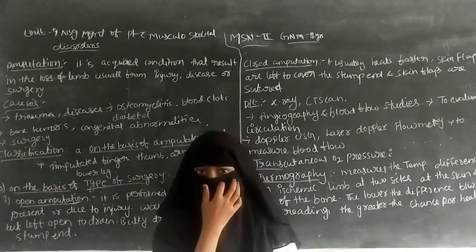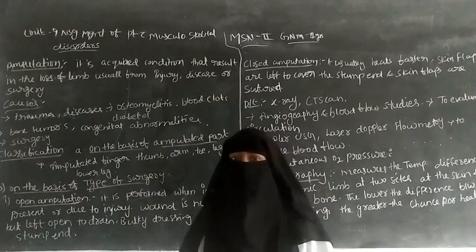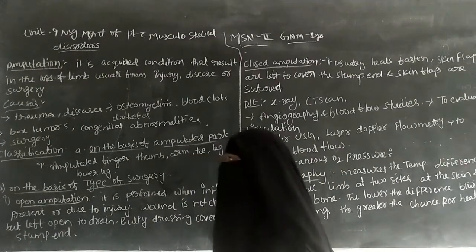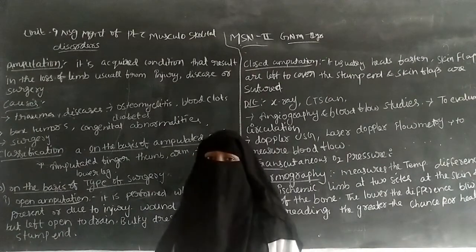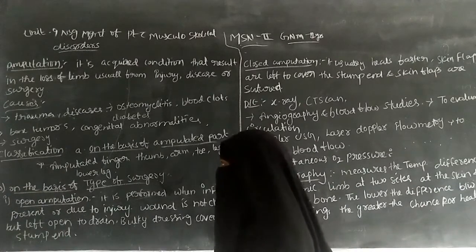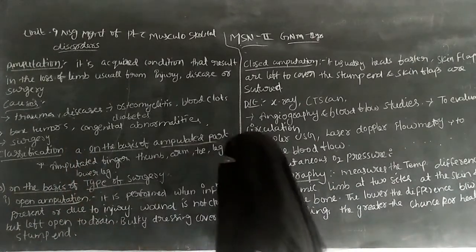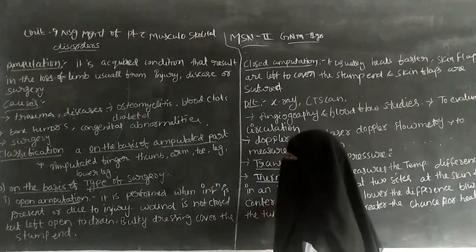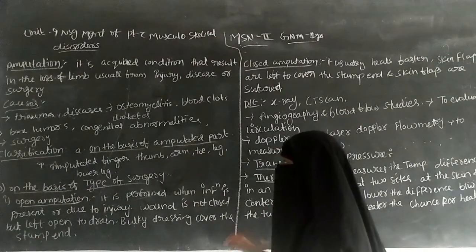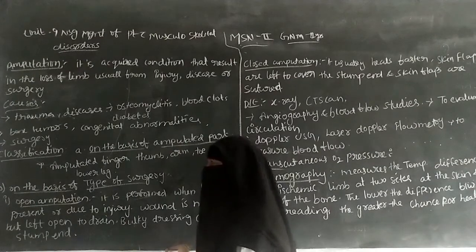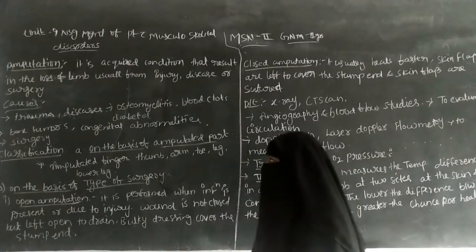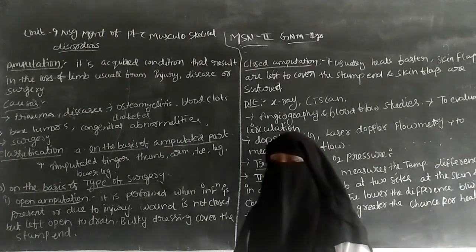By surgery we can remove the leg by amputation. So the causes include trauma, diseases like osteomyelitis, blood clots and diabetes, bone tumor, congenital abnormalities and surgery.